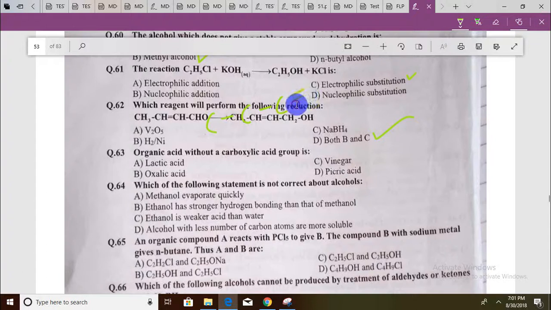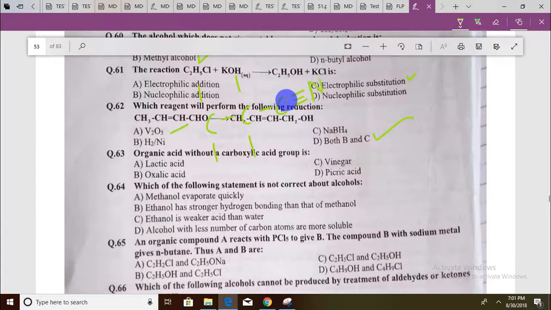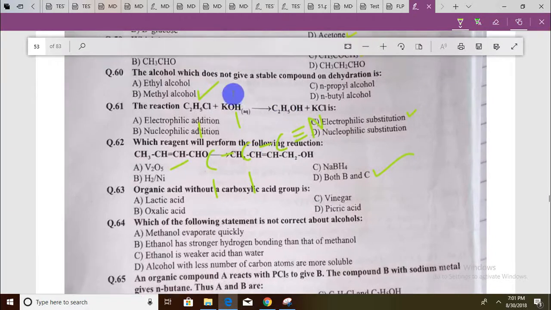So if you ever forget what the formula is, just think about this, because when this is hydrolyzed, what happens is there is a removal over here.